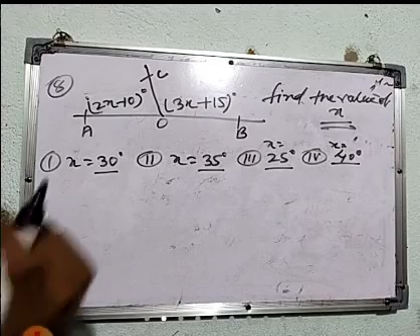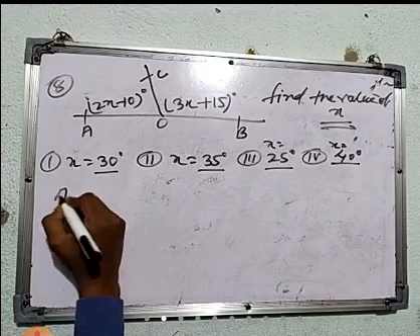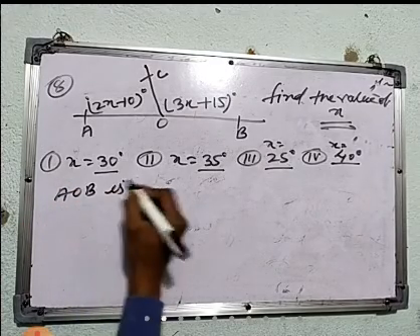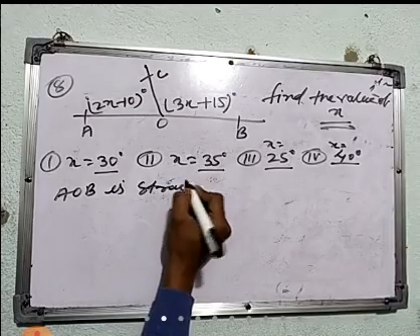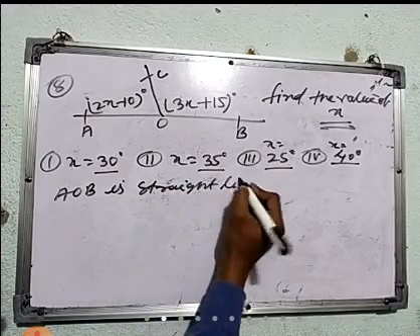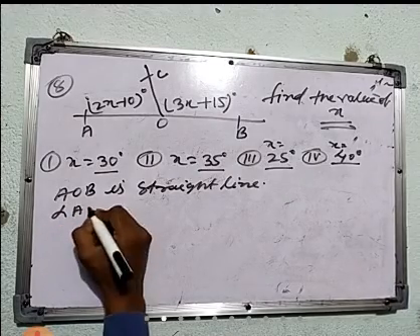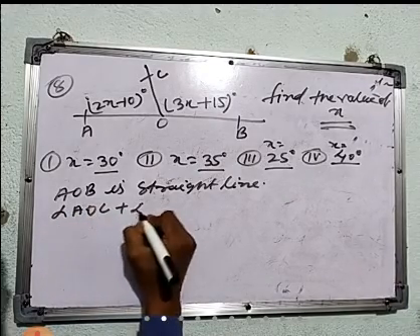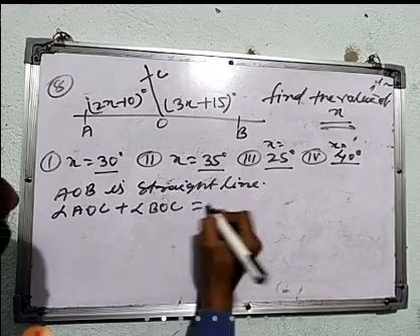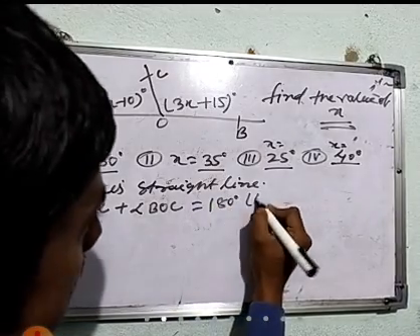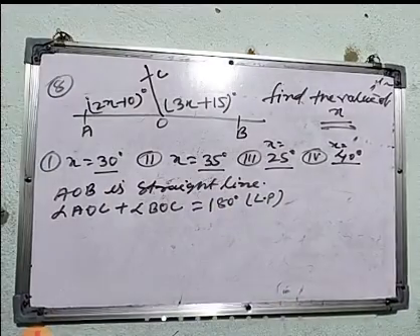Now, you know AOB is a straight line. So angle AOC plus angle BOC equals 180 degree from linear pair.